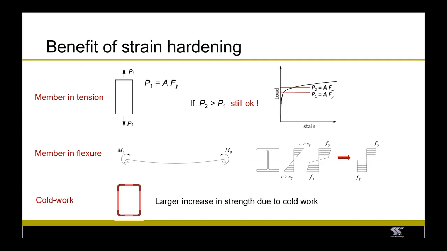The large strength hardening of stainless steel also results in an increase in strength that results from cold work. So this increase in strength is particularly large for austenitic stainless steels, which are the ones that show the largest amount of strength hardening.